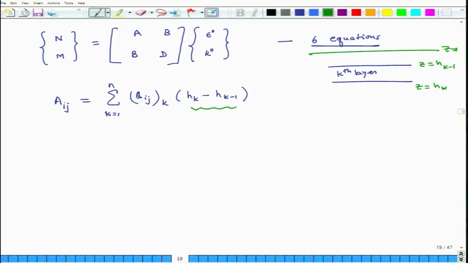So, this difference is nothing but the thickness of kth layer, and thickness of kth layer is always a positive number. So, I can also write this as the sum from 1 to n of Qij bar times Tk, where Tk is the thickness of kth layer.